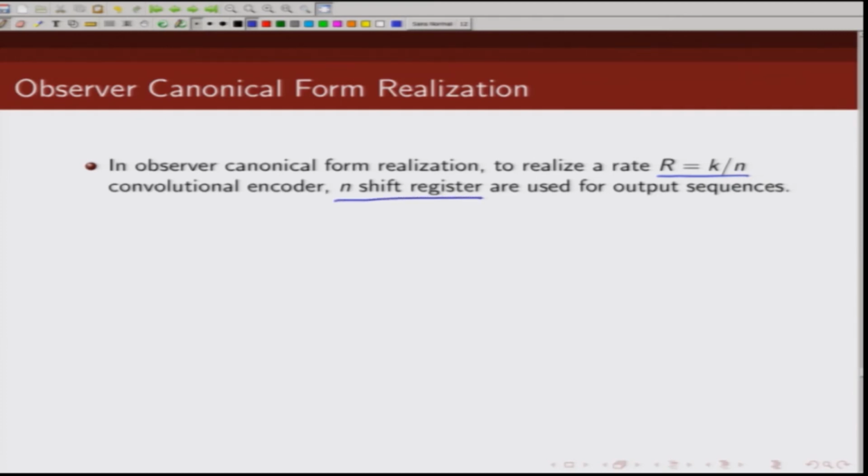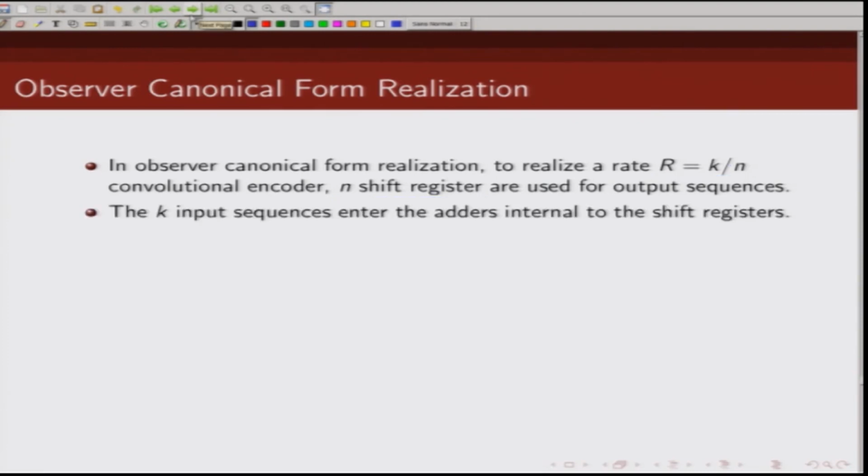Please note, for the controller canonical form realization, we required k sets of shift registers, whereas in this case we require n sets of shift registers, one for each of the coded bits. The second difference is that the k input sequences in the observer canonical form realization enter into the shift register and these adders are internal to the shift register.